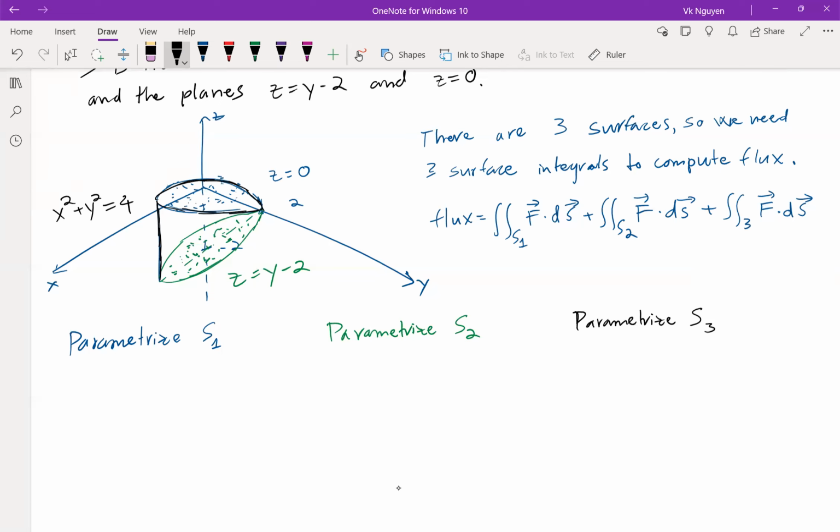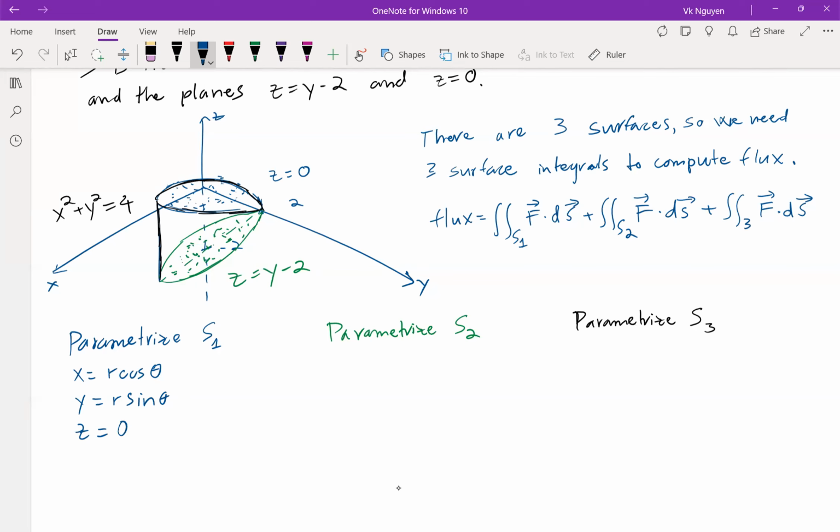S1 is the circular disk on the XY plane. So if you look at here, circular disk, right? So x equal to r cosine theta, y equal to r sine theta, z equal to 0, right?